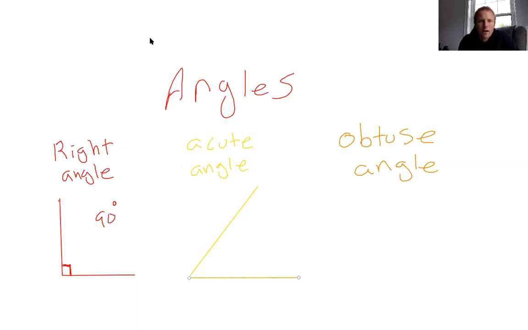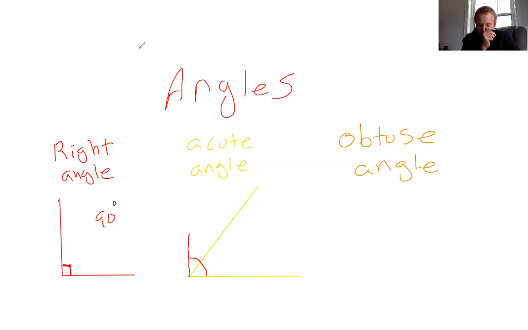So if I drew a 90-degree angle, I'll put my red back in there, I'd measure it all the way up to like here. It would go up this way. And so you can see that this part of the angle doesn't extend up far enough. So it's not a right angle. It's called an acute angle. It's less than 90 degrees.